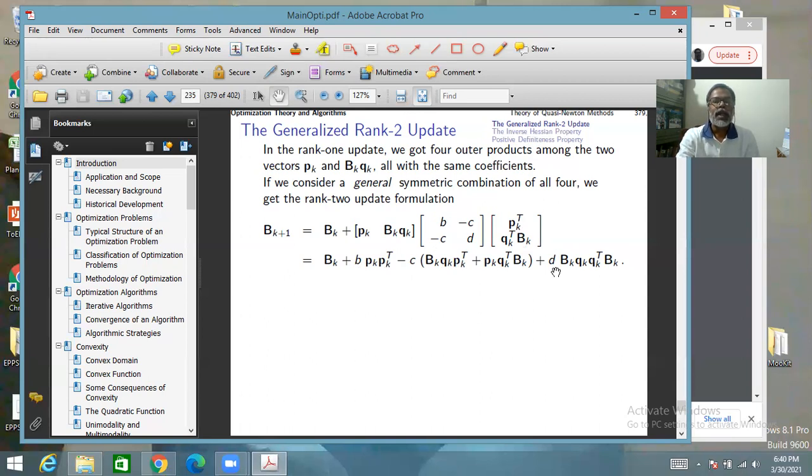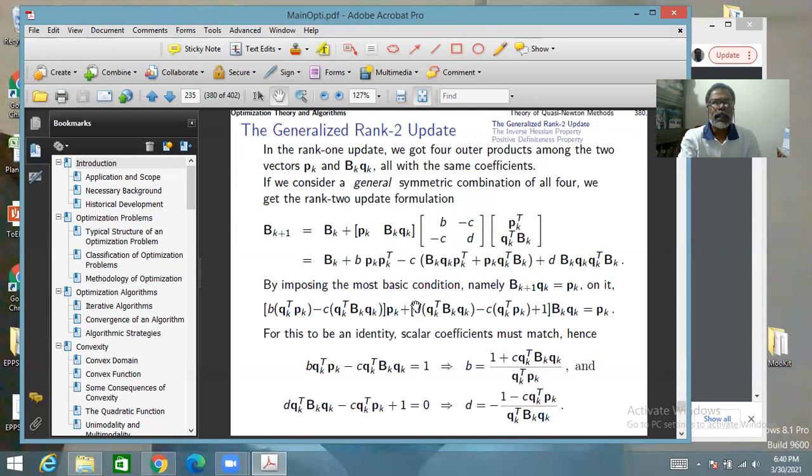Now, the way we try to fix the rank 1 update, or for that matter any update like this, is by insisting on this matrix operating on the current step qk to give pk correctly. The same thing here also we do. So we say that this matrix times qk should be pk.